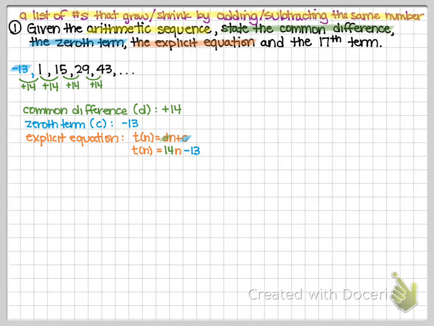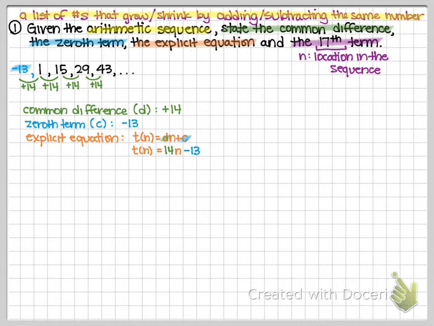Then we need to find the 17th term. All right, so here we go. The 17th term. A term is a location in the sequence. Well, the things that are identified as the locations in the sequence, those are n.